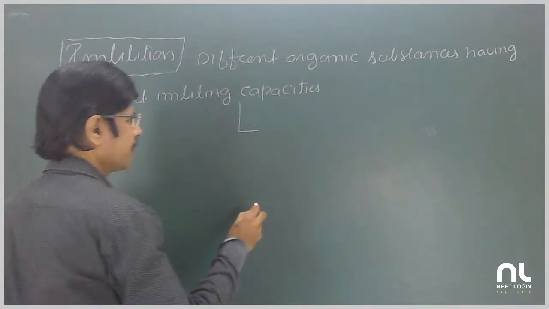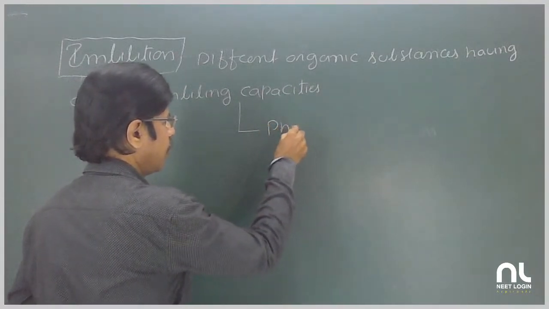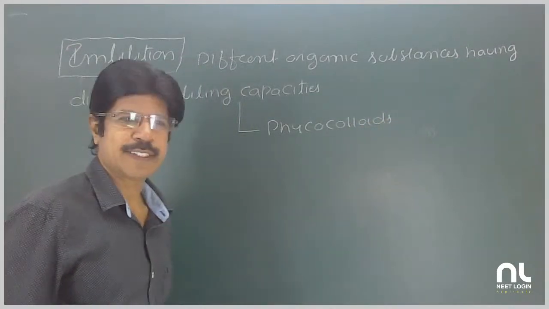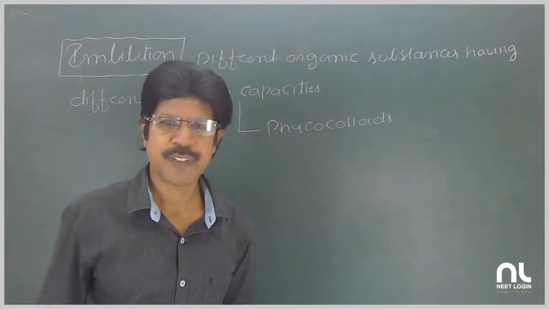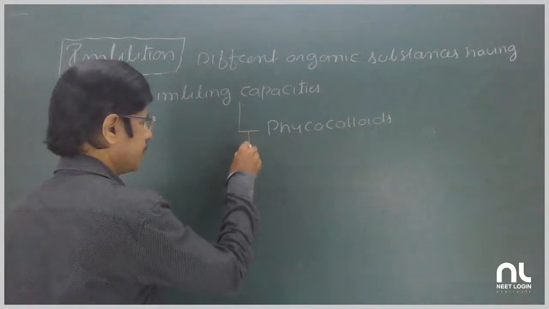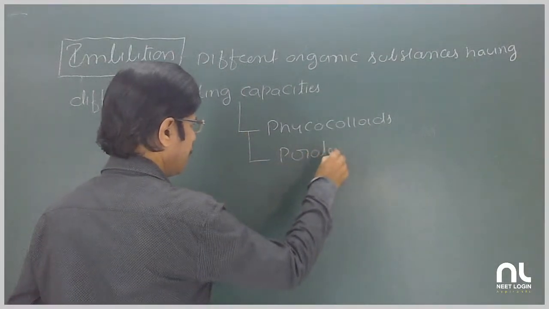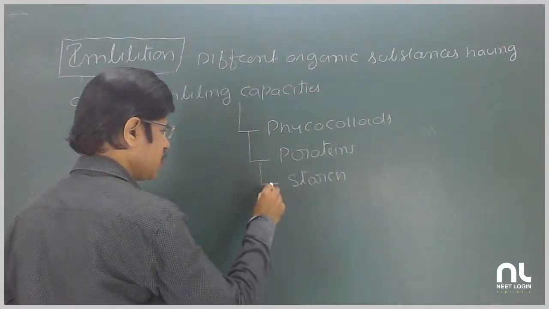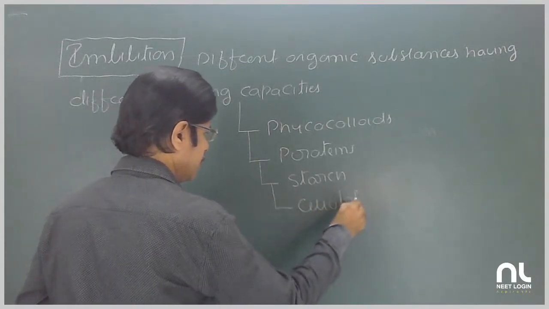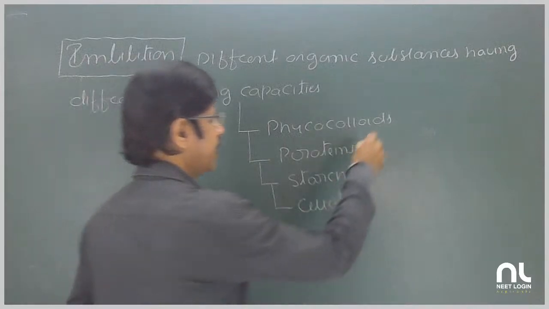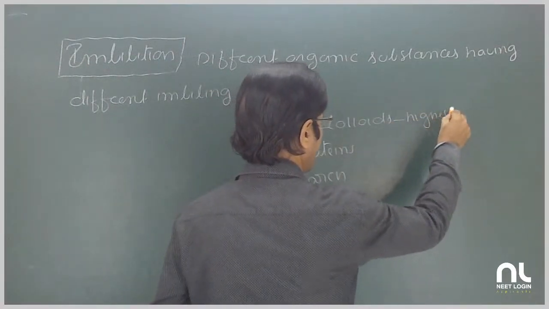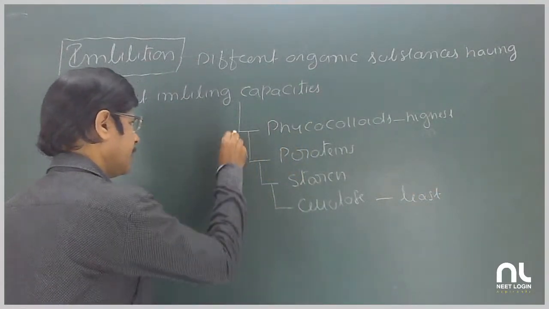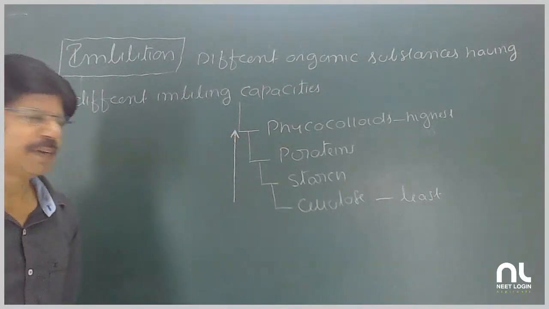If you take phycocolloids, the substance obtained from some seaweeds, proteins, starch, cellulose, these have highest to least imbibing capacity in this order.